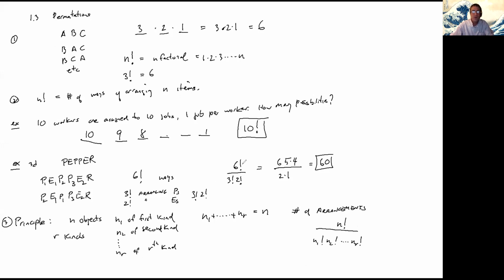It's the same sort of reasoning which gave the previous example. So this is called a multinomial coefficient.